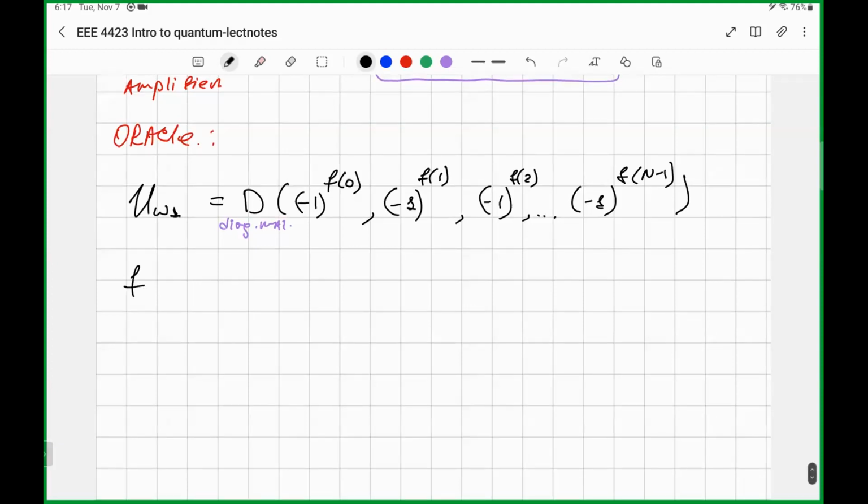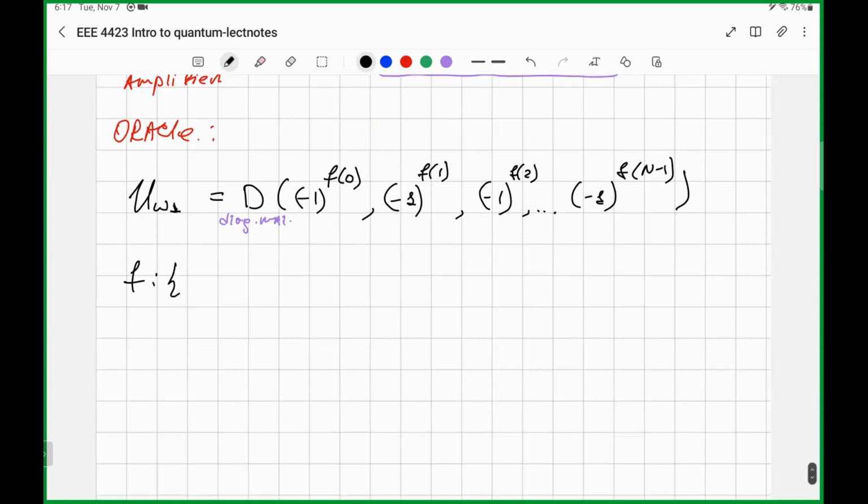This function f gets a number as an input. Okay, so it can be 0, 1, etc., all the way up to n minus 1. So this is the input of the function.